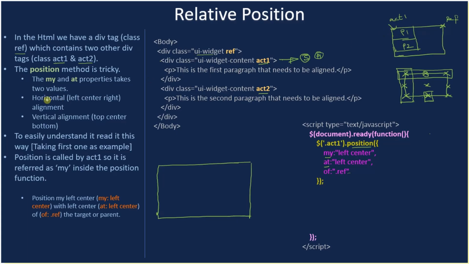If you see left, center, right, that means in horizontal, left, center, right, and in this we are picking the left. And in the vertical, top, center, bottom, we are picking the center.